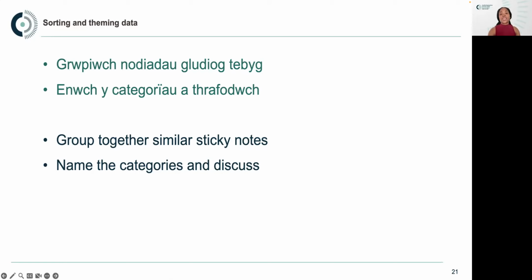And so that the session doesn't drag on, especially if you're working with your team, be sure to give them a clear time frame so that they know how long they should spend on a particular step, and you do the sorting together as a team. And the aim here is to group similar sticky notes together.